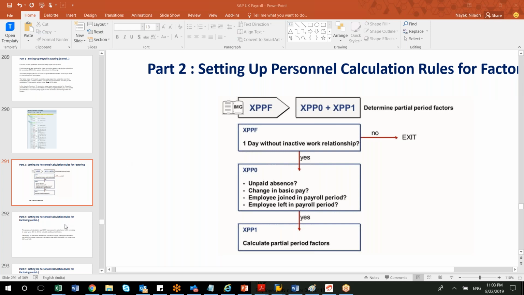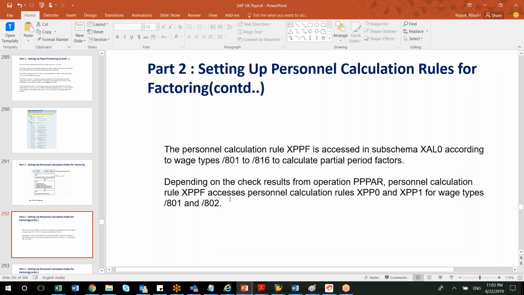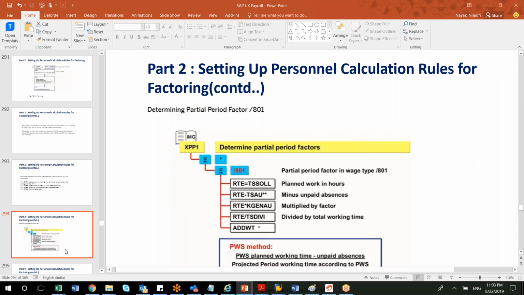But for the actual calculation, I will show the formula of how this XPPF is calculated inside the system, starting from /801 to /816. This is the formula of /801, the partial period factor, and this is how it is calculated inside XPP1.